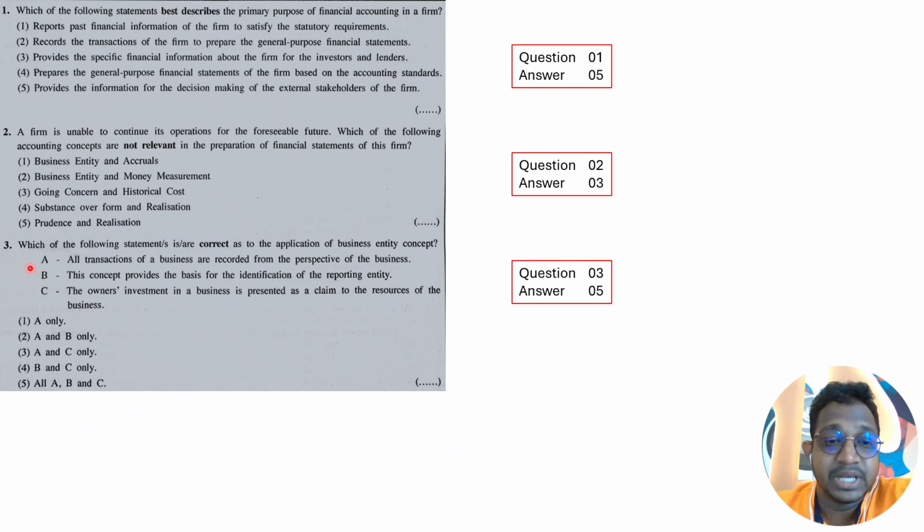That's correct. This concept provides the basis for identification of the reporting entity. That's also correct. And the owner's investment in the business is presented as a claim to the resources of the business. That's also correct. So the correct answer should be the fifth one. All statements A, B, C are correct as per the business entity concept.